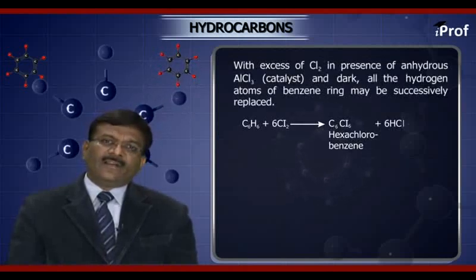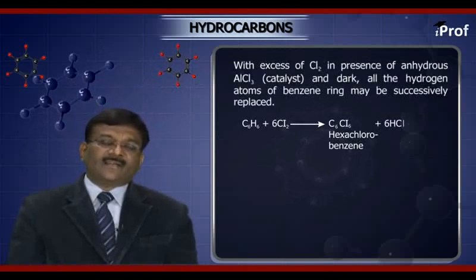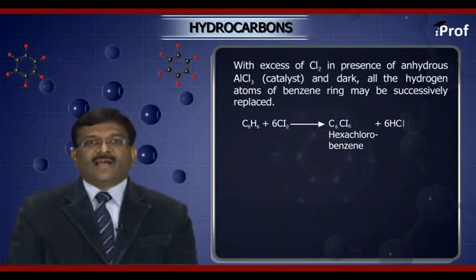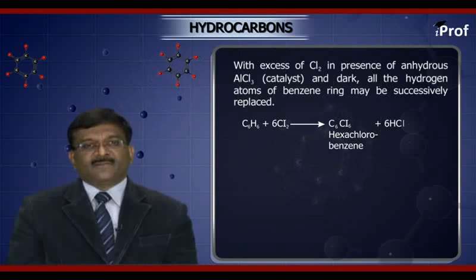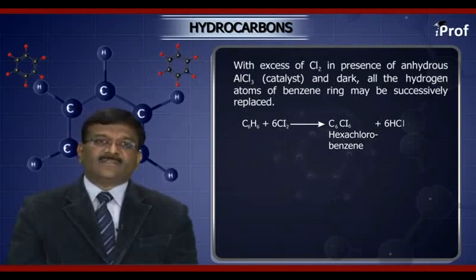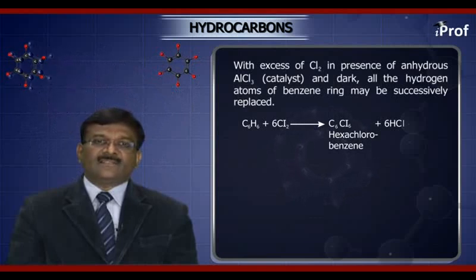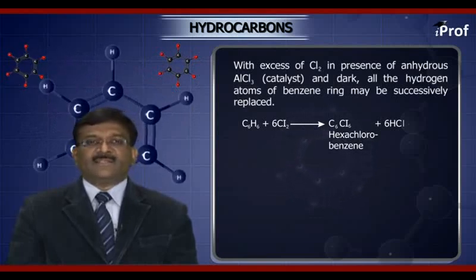With excess of chlorine in presence of anhydrous AlCl3, the catalyst, and dark, all the hydrogen atoms of benzene ring may be successively replaced. The reaction is C6H6 plus 6Cl2 gives C6Cl6, hexachlorobenzene, plus 6HCl.